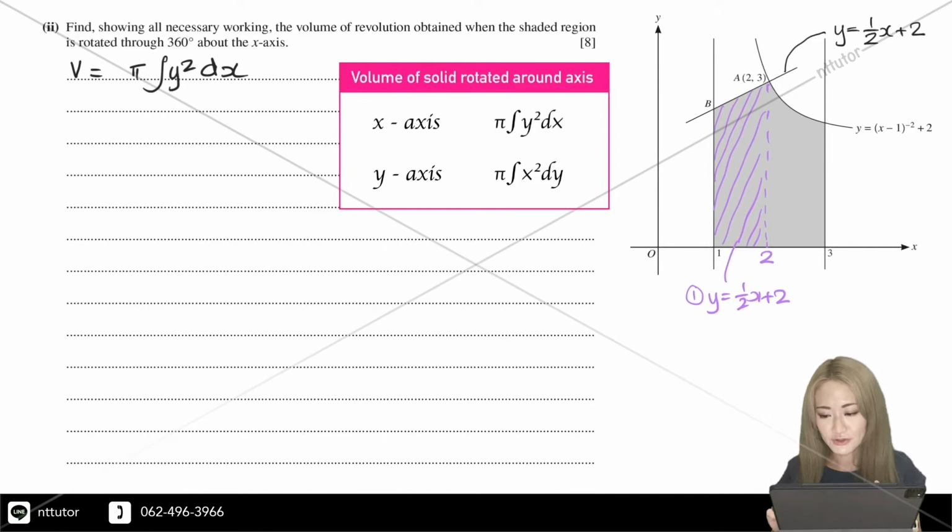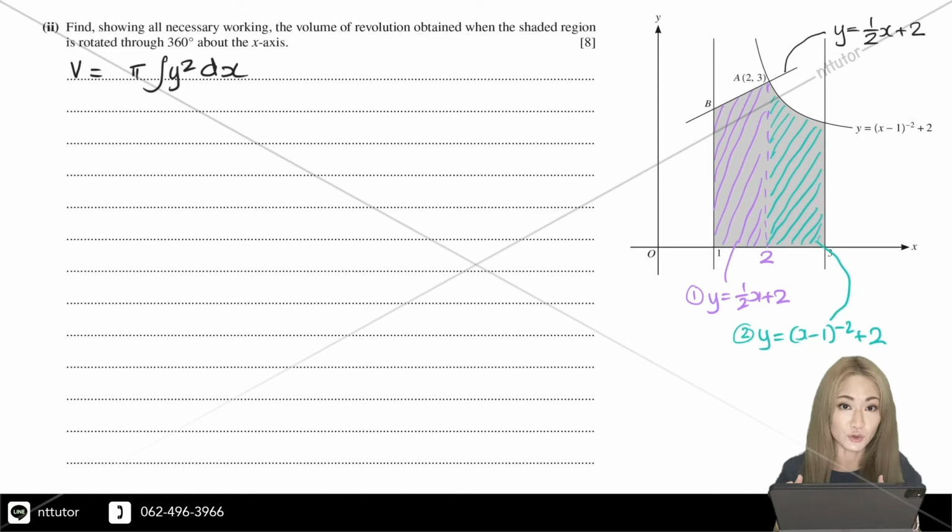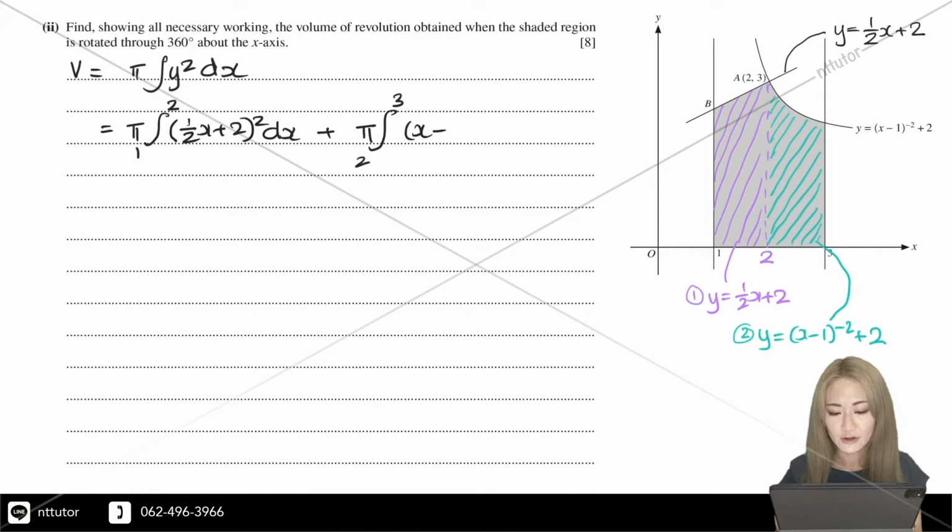So we have the first region over here, and the second region, where we would need to use the equation y equals (x minus 1) to the power of minus 2 plus 2. That means we need to separate the integral into two parts. So the first part would be pi times the integral from 1 to 2 of the normal squared, plus pi times the integral from 2 to 3 of the curve squared.